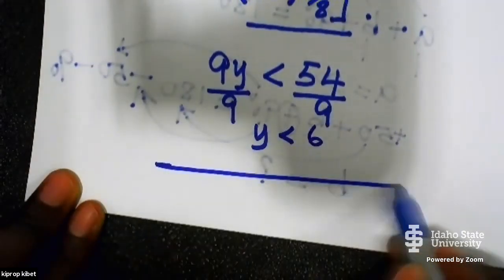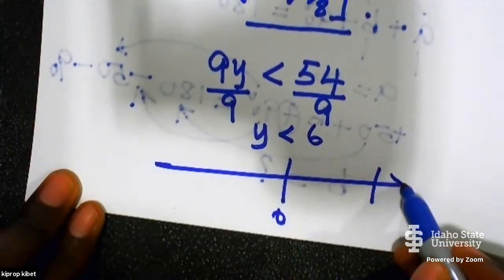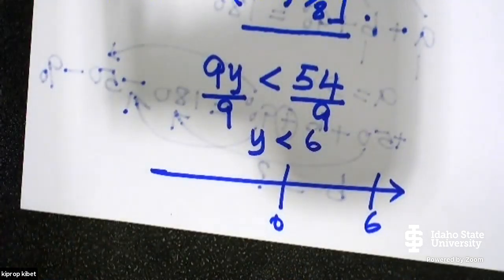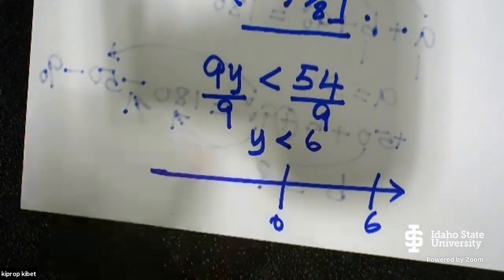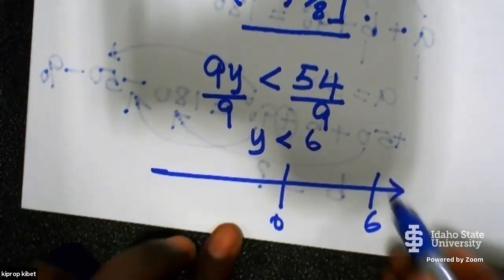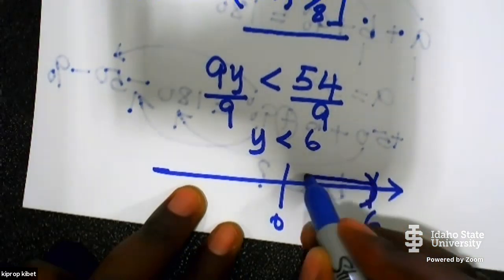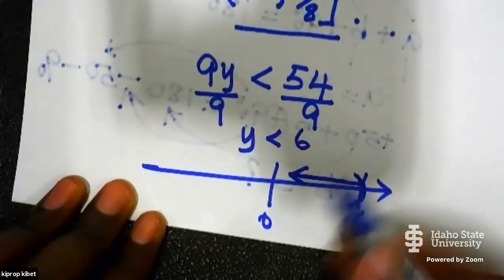Then you draw that. 0, and I say that one is 6. So which direction? Towards the middle. So 6 is greater than what? y. So it will be that way, right? Then it comes like that. So the interval notation will be what?